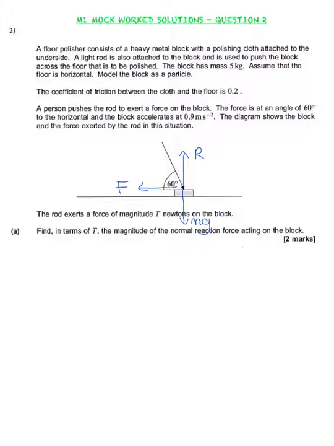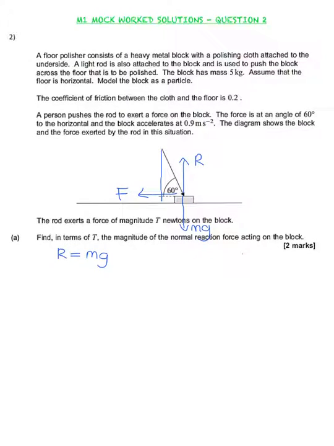Acting upwards, we have the normal reaction, R, and that is equal to the forces acting down, which are mg, and the vertical component of the pushing force, which using trig can be found to be T sine 60.